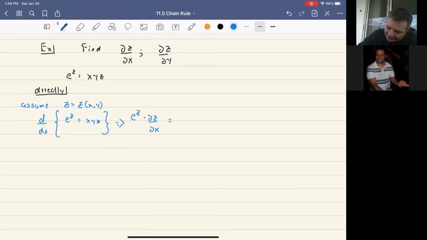Y is a constant. Then we're going to use x, z, partial with respect to x. That's going to be z plus x partial z with respect to x, okay? So we're doing the product rule here. Derivative of x is 1 times z.